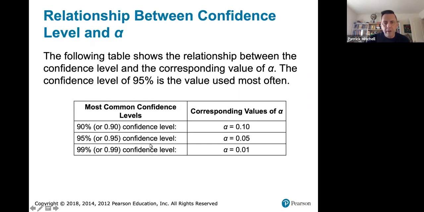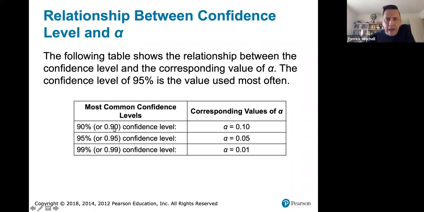These are the three most common confidence levels that we're going to be using. Occasionally you do see a different one. We're going to talk about what this means exactly. It's kind of easy to describe this incorrectly, so I'm going to be careful about that when I talk about it.